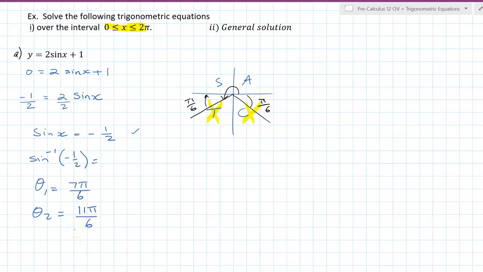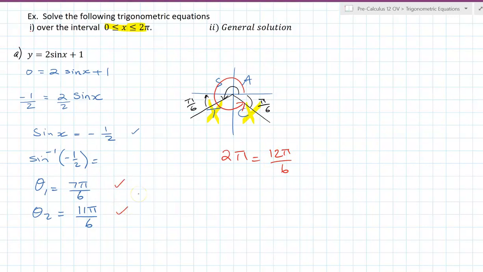Okay, so this is the second angle right there. Remember 2 pi, because I use the pi over 6 interval from the special triangle, is 12 pi over 6. I can change that to a fraction. So these are the two possible angles between 0 and 2 pi.